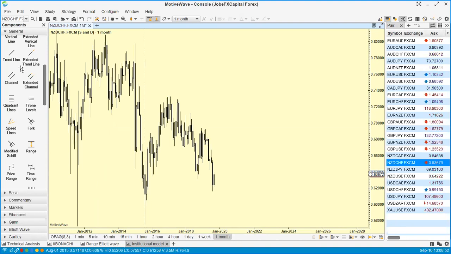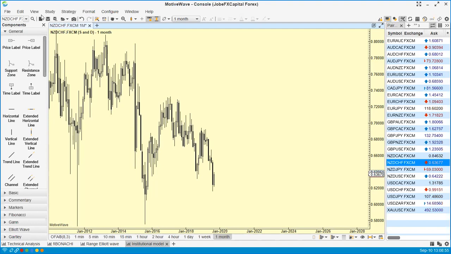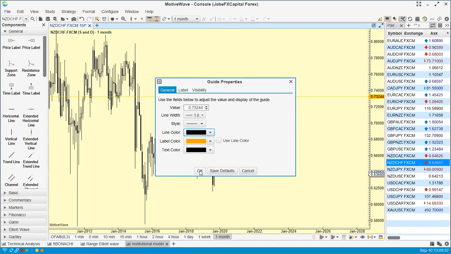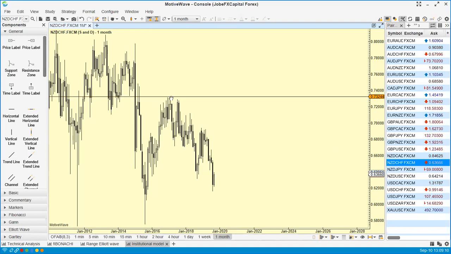So once I get that, I will draw a line. We're just gonna add a guide. Let me make this black. Save default. Okay, so I'll draw a line like that on my recent high, and then let me duplicate, then I'll draw another line on my recent low.